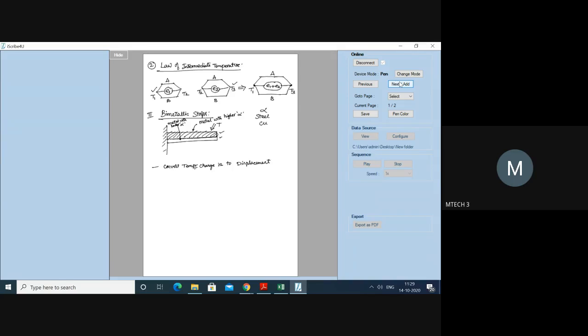Now I am drawing an exaggerated diagram. Don't expect that this is how it is going to occur. I am just drawing an exaggerated diagram for you to understand. Earlier it was like this. Now it is going to become like this. Are you understanding what I am writing? Now what has happened? If I take this as the reference, what is my D? Earlier, this was the basic point, the top one.